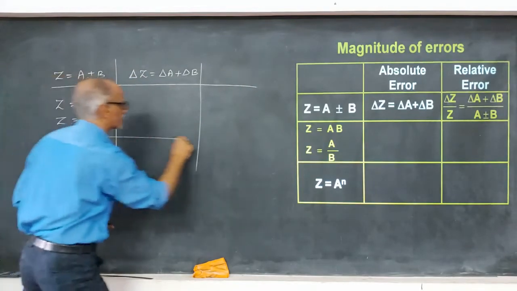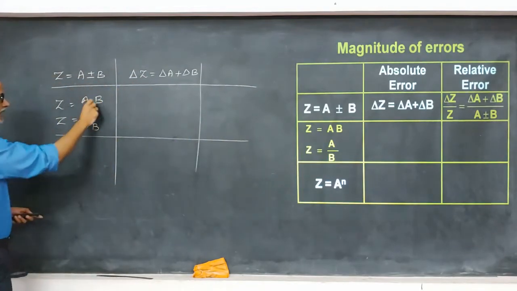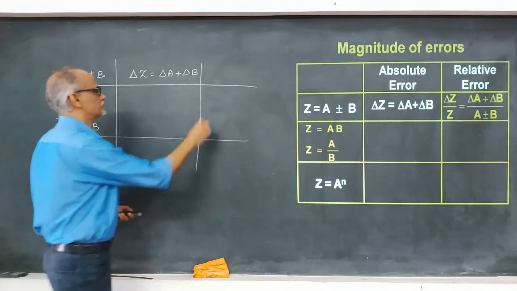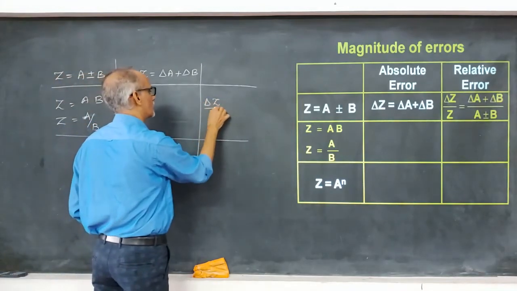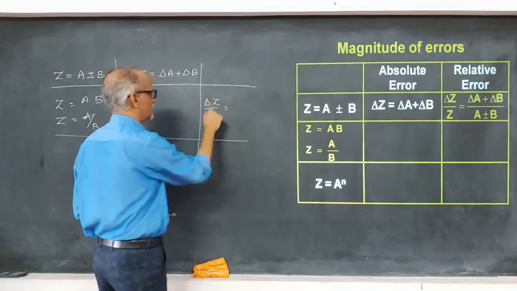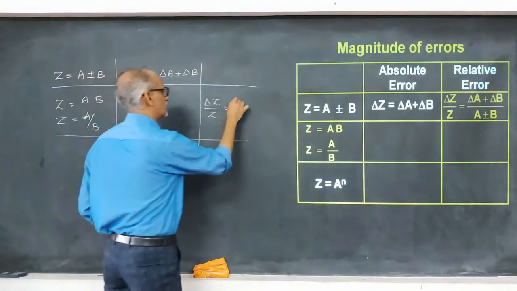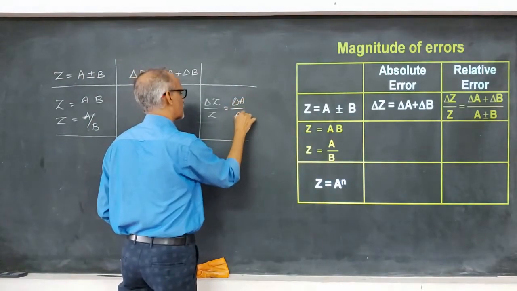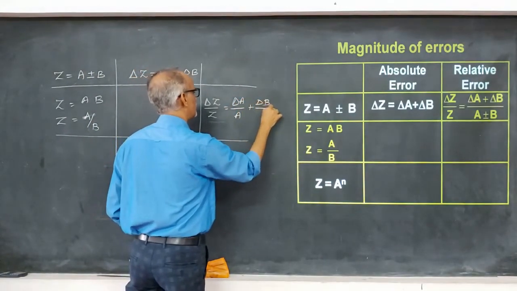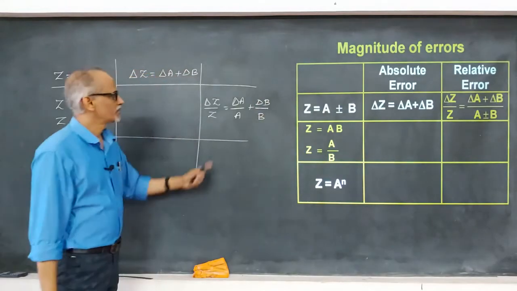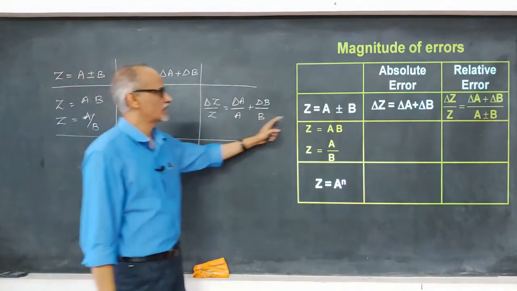While multiplying or while dividing two quantities, the fractional error delta Z by Z is equal to the sum of the fractional errors of the individual quantities. Remember, this equation is completely different from what I have written here. Okay.